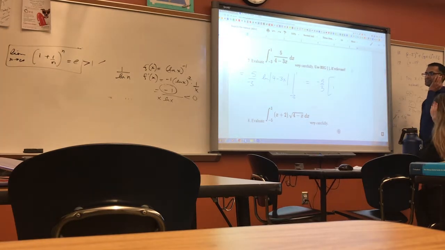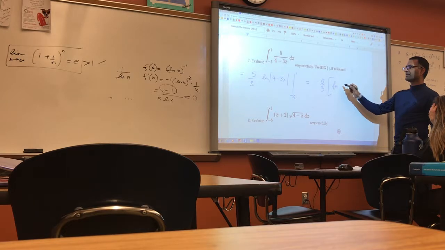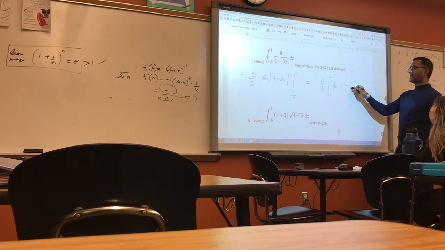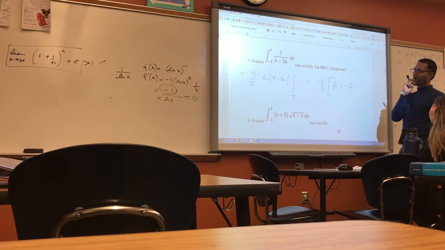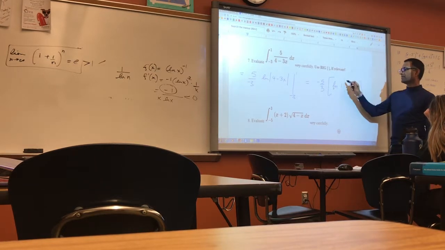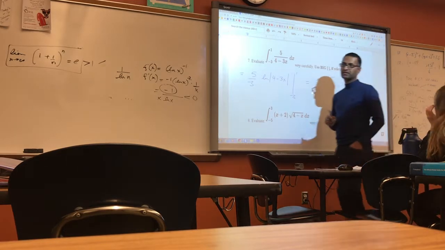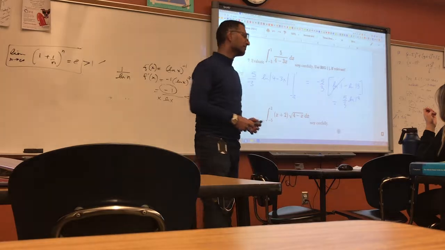Pull out the constants. ln 1 minus ln 13. Will the first guy collapse? It will. Final answer? 5/3 ln 13. Positive? Two negatives make a positive.